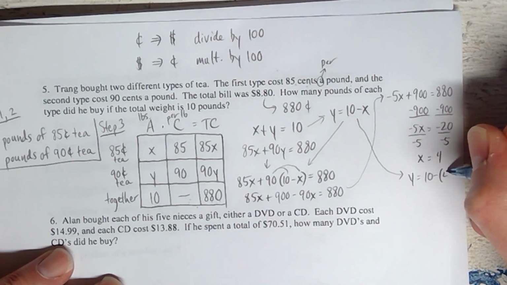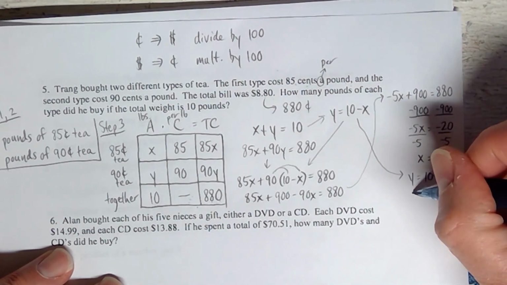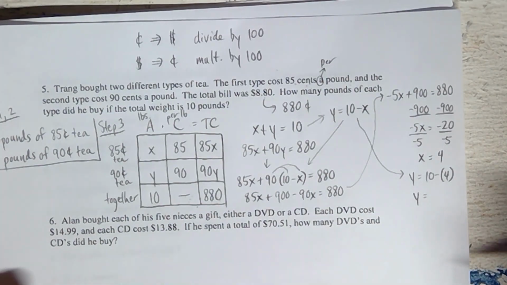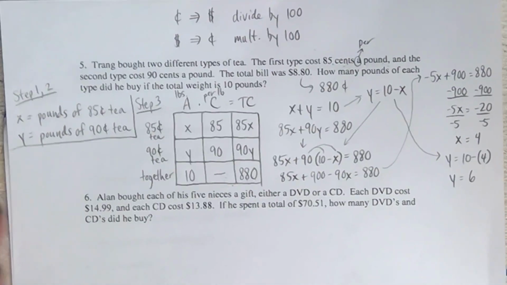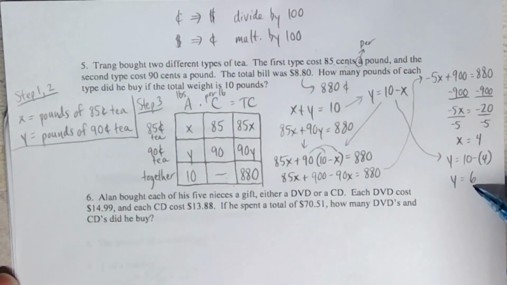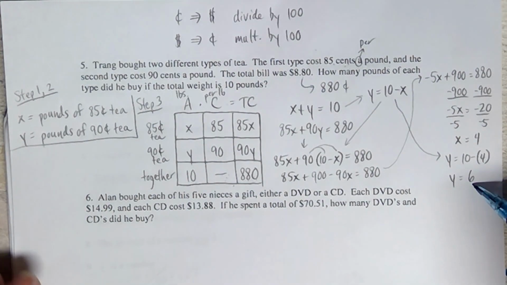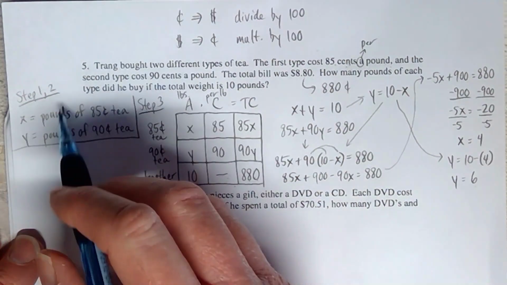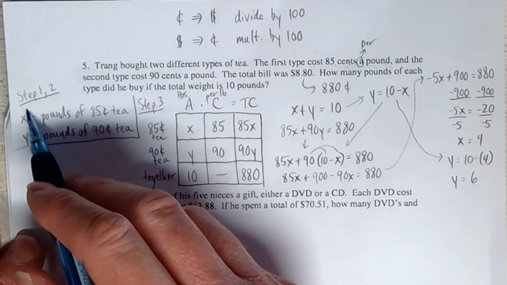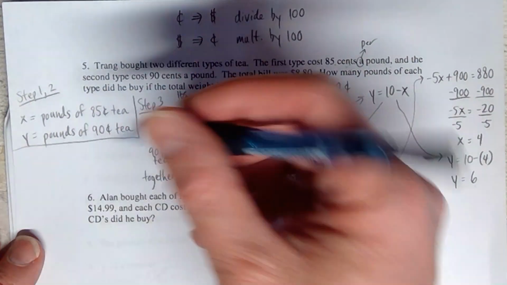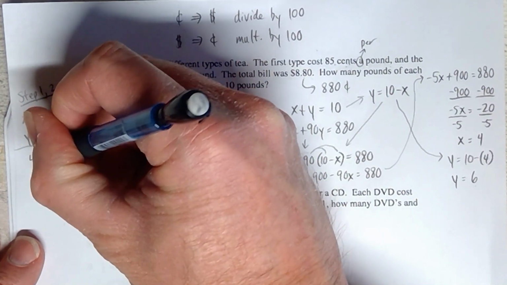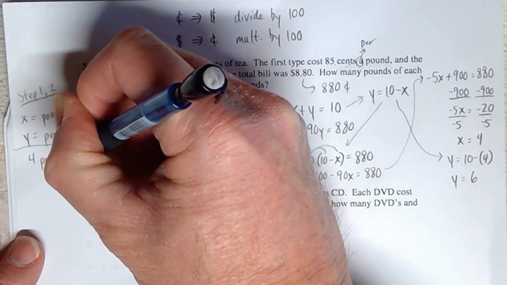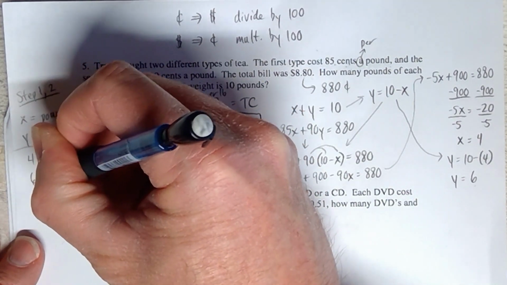Remember, we learned that when we did the substitution method in section 5.2. 10 minus 4 is 6, and so we have our two answers, 4 and 6. We just need to do that last step where we say how 4 and 6 are measured, and then tell me which one is the 4 and which one's the 6. Okay, you can see here that 4 and 6, because those are the variables, they are pounds. And so we have 4 pounds and 6 pounds.